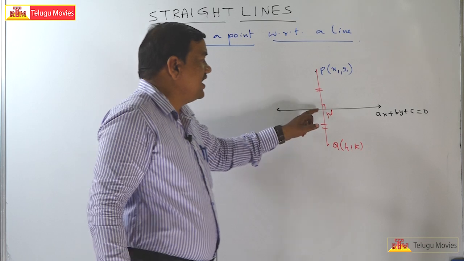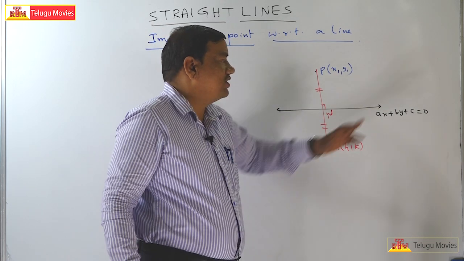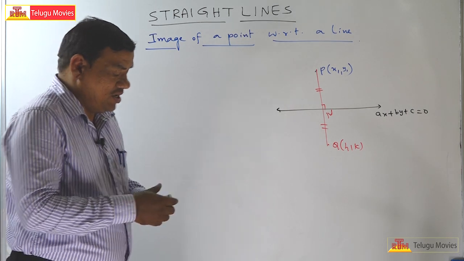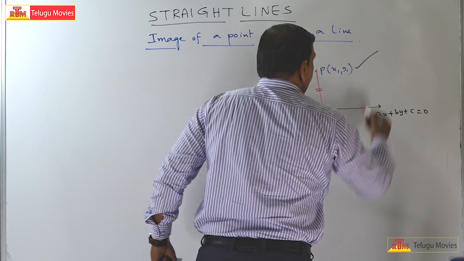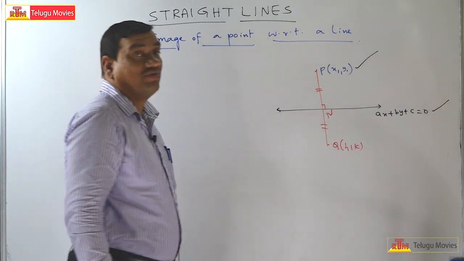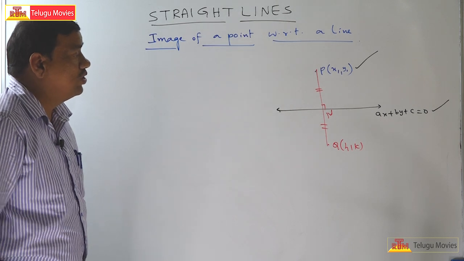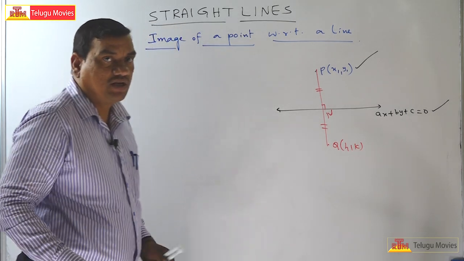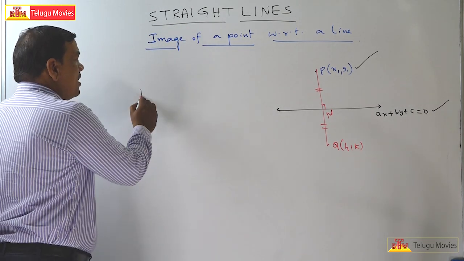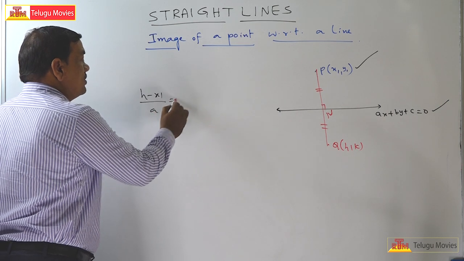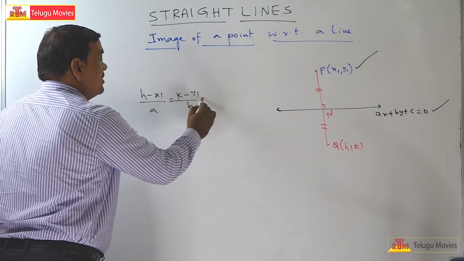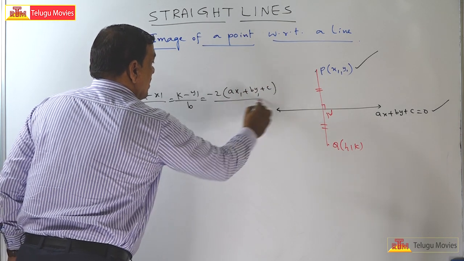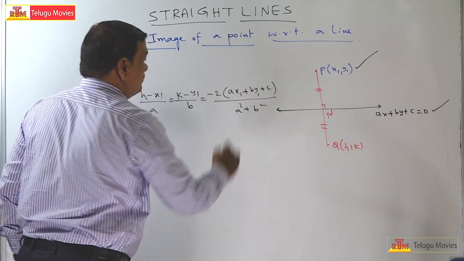Definitely N is the midpoint of PQ, and N lies on ax + by + c = 0. We know the point (x1, y1) and the line equation ax + by + c = 0. How do we find the coordinates of the image (h, k)? That is given by the formula (h − x1)/a = (k − y1)/b = −2(ax1 + by1 + c)/(a² + b²).